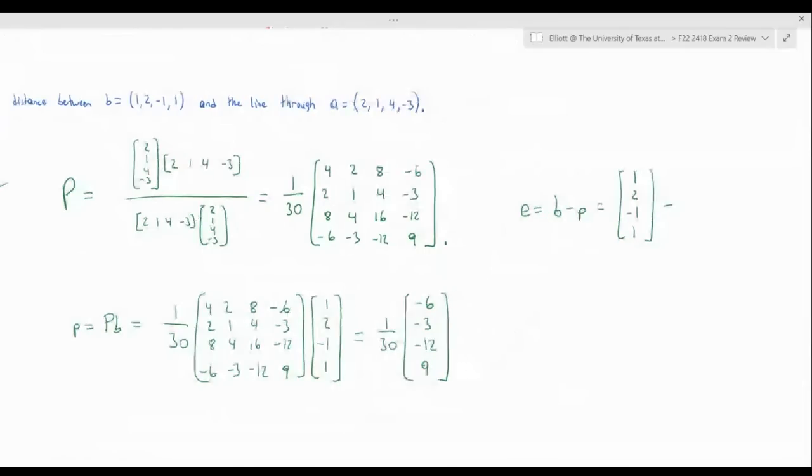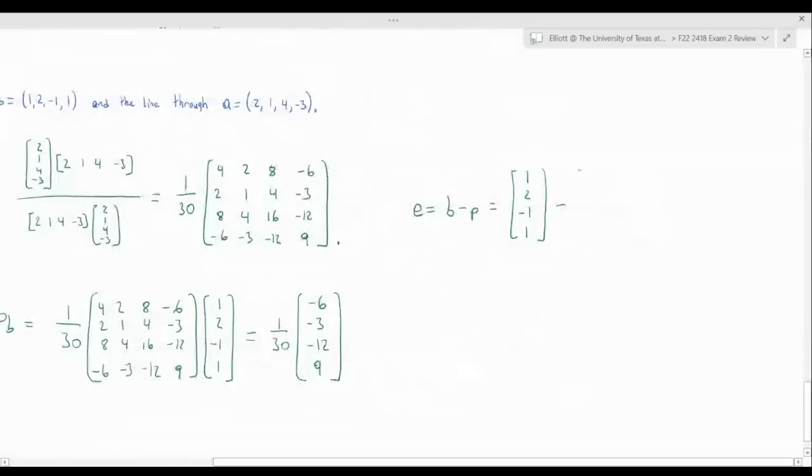And then the projection vector that we just calculated is negative 6 over 30, negative 3 over 30, negative 12 over 30, and 9 over 30.